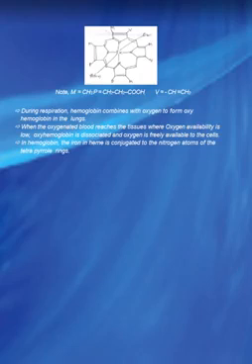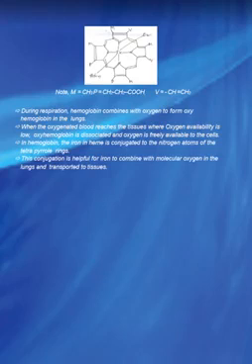In hemoglobin, the iron in heme is conjugated to the nitrogen atoms of the tetrapyrrole ring, which helps the iron combine with molecular oxygen in the lungs and transport it to tissues.